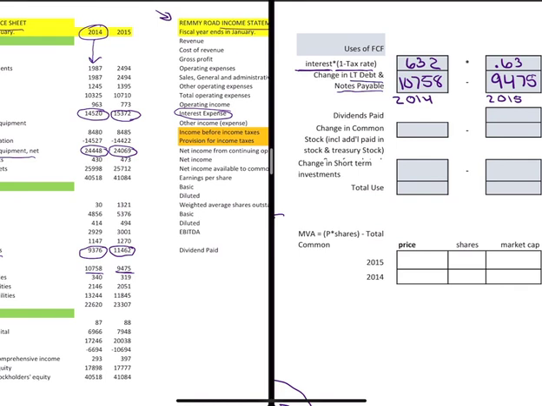The next category here is the payment of dividends. So how much did they pay out in dividends, or did they pay out anything in dividends?